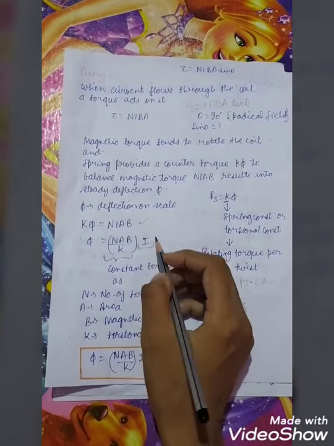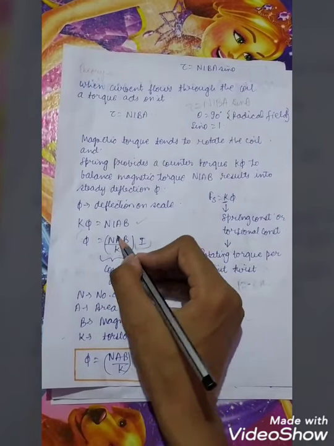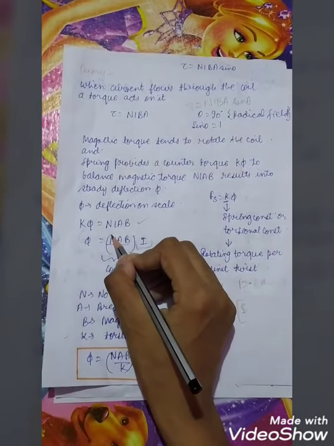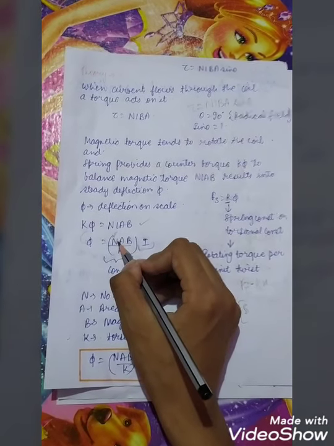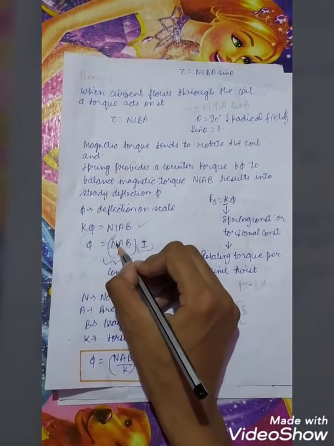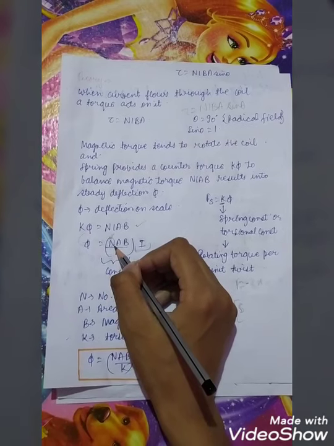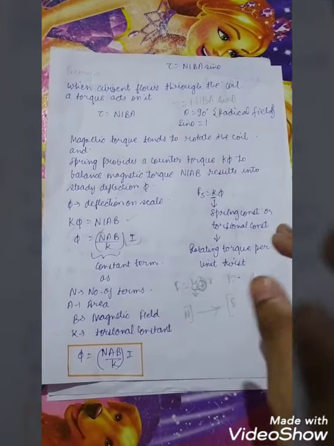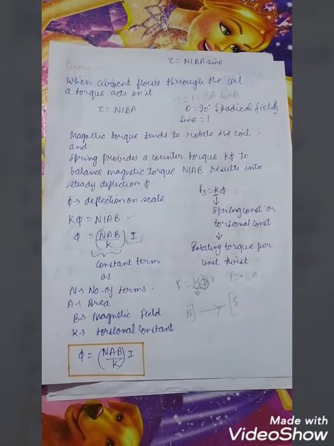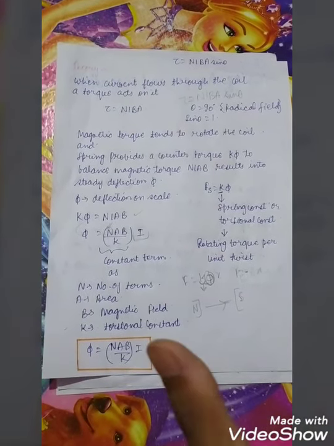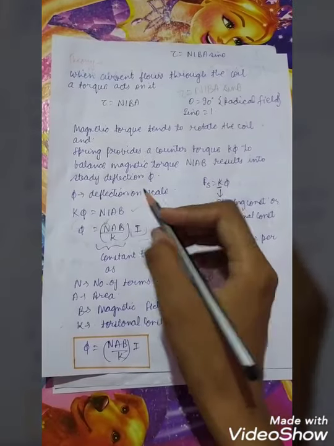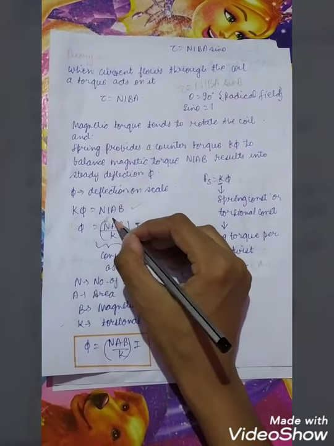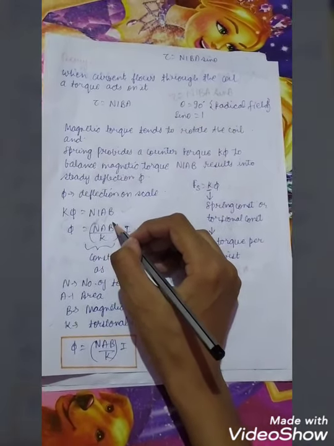Why have we kept this I aside? It is because, let us see from here, the value of N, which is the number of turns in the coil, must be constant. We cannot change the number of turns in the coil. If we have a particular coil, I can use another coil having a different number of turns, but for a particular coil the number of turns is constant. The area is also constant for the coil.